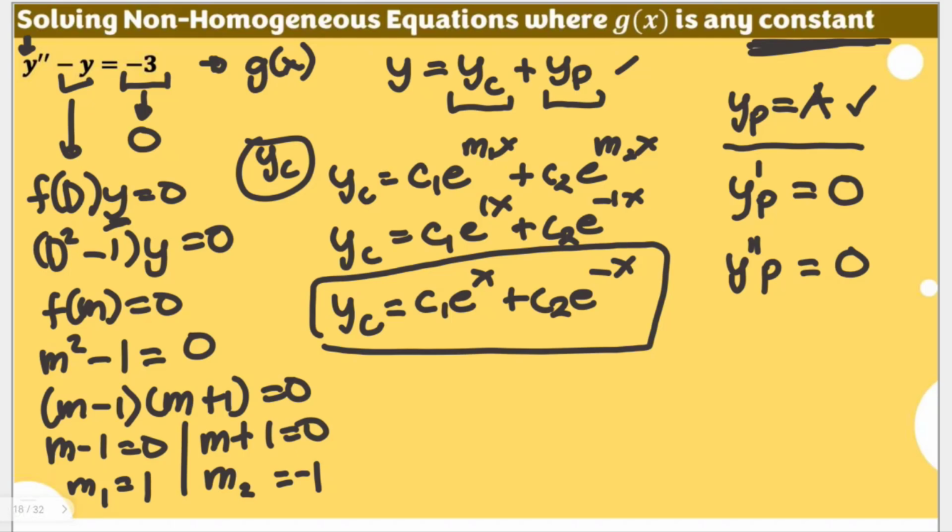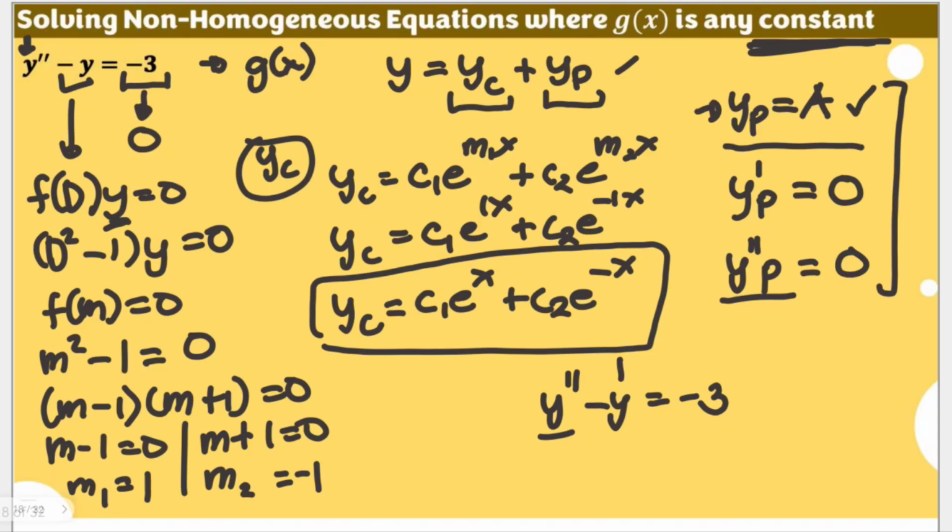We'll be using this as we are going to substitute this on our equation. So instead of y double prime minus y is equal to minus 3, we are going to substitute y double prime of p for y double prime and y sub p for our y here. Since there's no first order derivative, we will not be using this in the meantime.